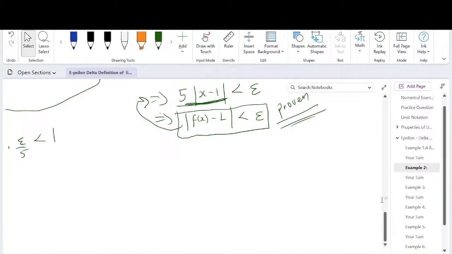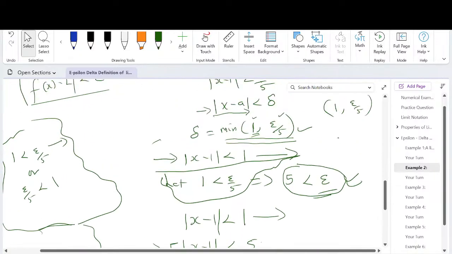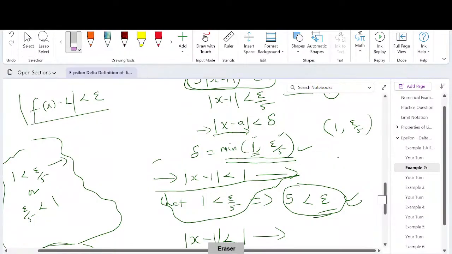If you cross multiply, you're still going to have epsilon less than 5. So then try it the other way around and see what you're going to get there. But usually the other one is the smaller, this particular one.